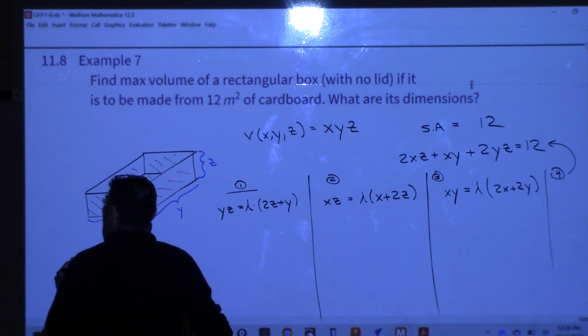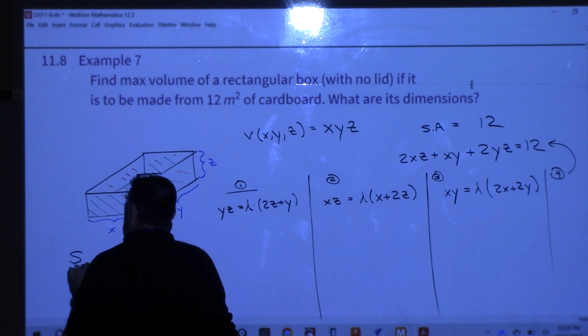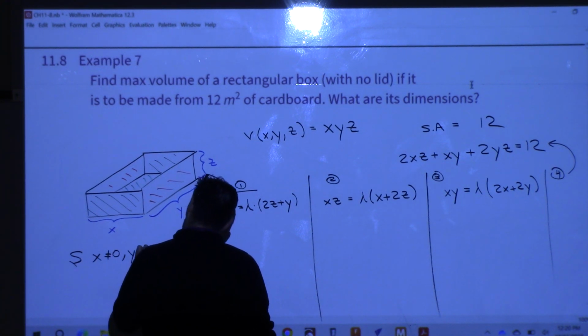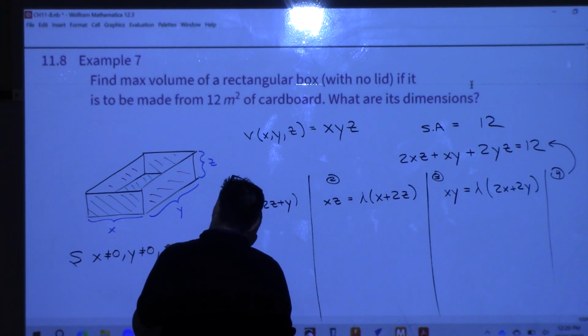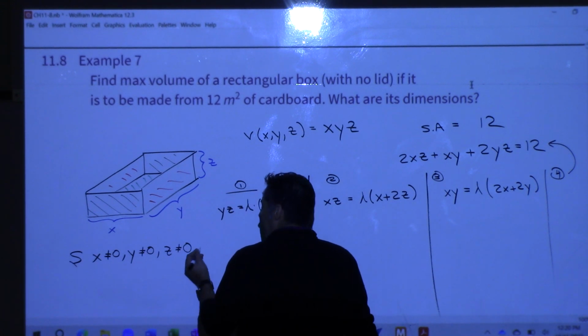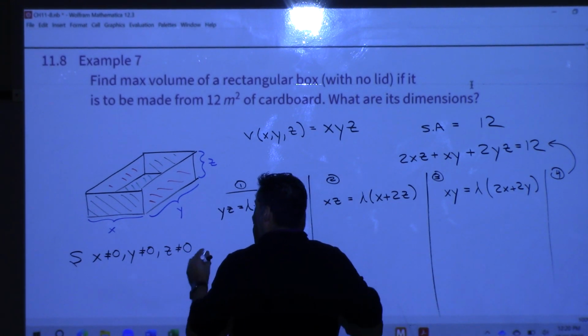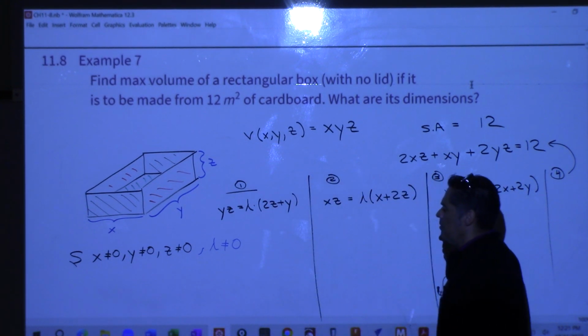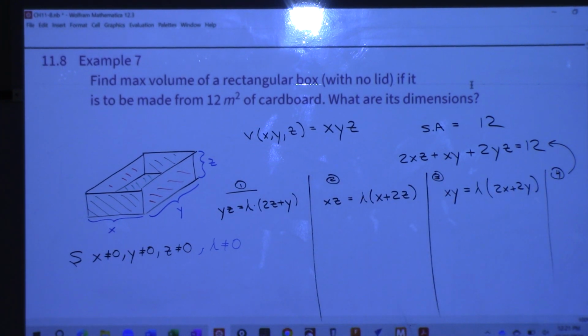So I'm going to say here, suppose that x is not 0, y is not 0, z is not 0. And if you want, you can put lambda here. I'm going to put it in a different color because I don't think you need it. You don't need to say that right now, but I'll put it there. Okay, if they're not 0, then I can do a lot of things, can't I?